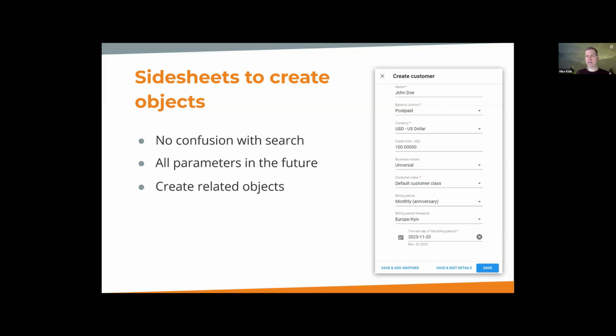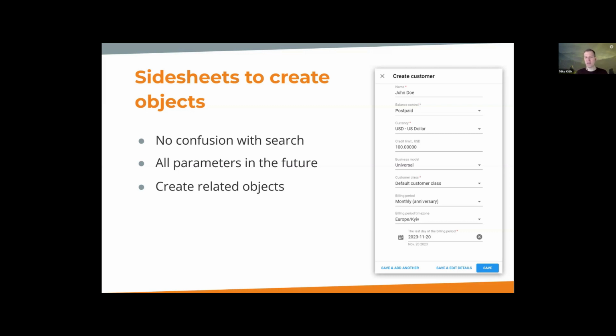So as I said, the main goal was to stop this confusion between search and creation, but also using side sheets opens some new possibilities for us in the future. With the existing create panel, it's a narrow one, it's a small one, so we normally can fit something between like 5 to 10 parameters into that panel.